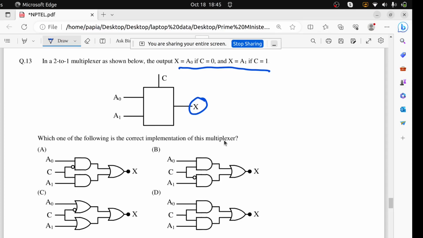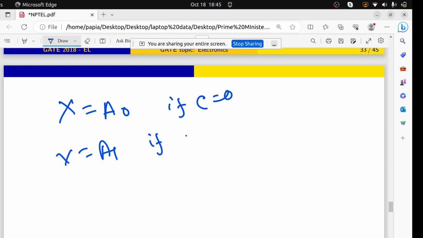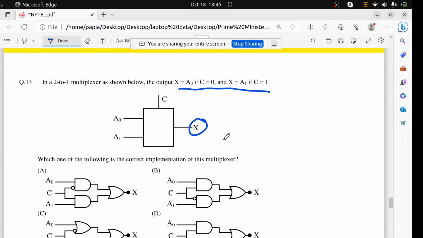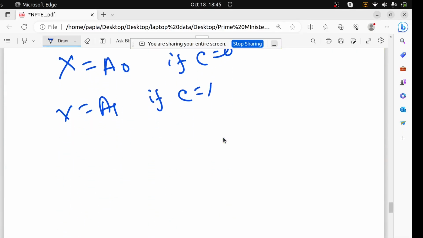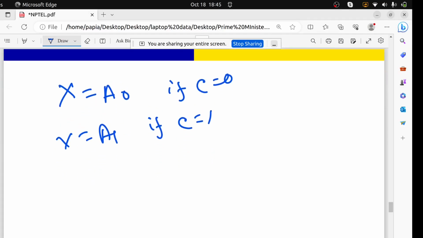So what is the correct X I can write? X is A0 if C is 0. X is A1 if C is 1. I think this is the case, right? Yes. Now these two conditions I can write as one single line: X is A0 C bar plus A1 C. Why?